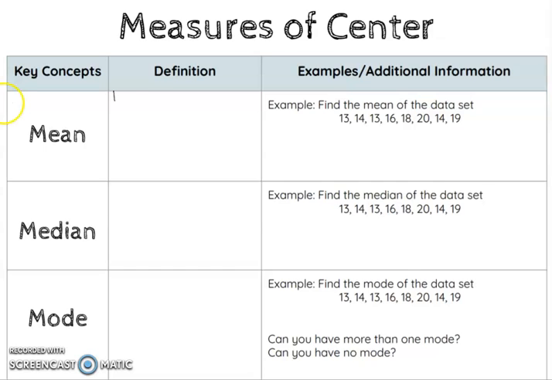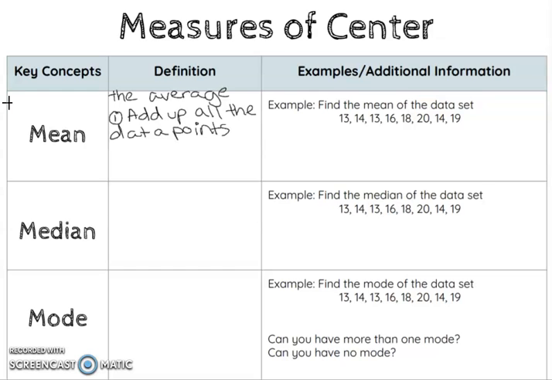So the mean is the average. Remember, in order to find this, you are going to add up all the data points, and then you are going to divide by the number of data points.